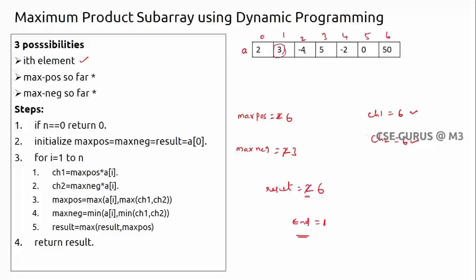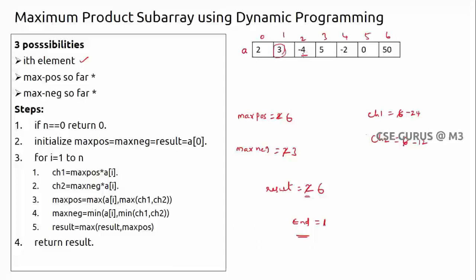Now the next element is -4. You can see choice 1 equals maximum positive 6 into -4, which is -24, right? So choice 1 is -24, and choice 2, maximum negative 3 into -4, is -12. Now I need to get max positive from the 3 choices: choice 1, choice 2 and the current element.